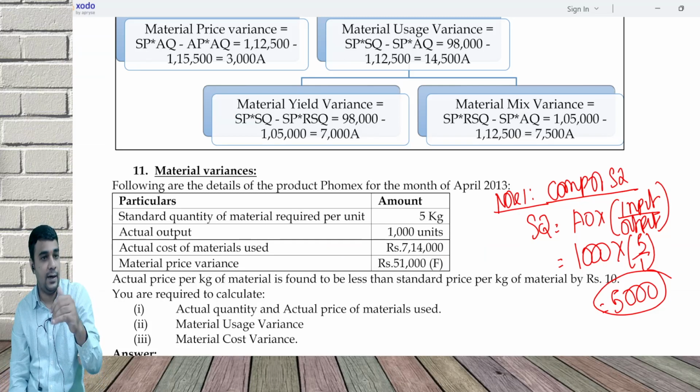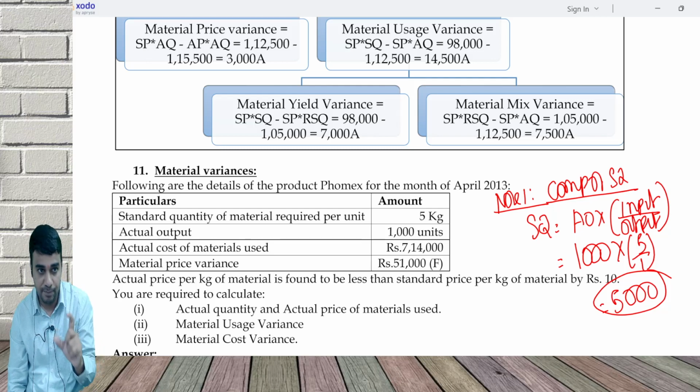I don't know the standard price. Let's assume standard price is 100. Actual price will be 90. Standard price is 50. Actual price will be 40. Standard price is 20. Actual price will be 10. There is a 10 rupee difference. So in short, SP minus AP is plus 10.